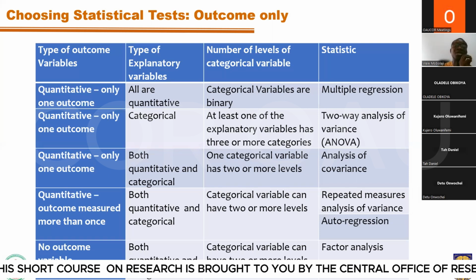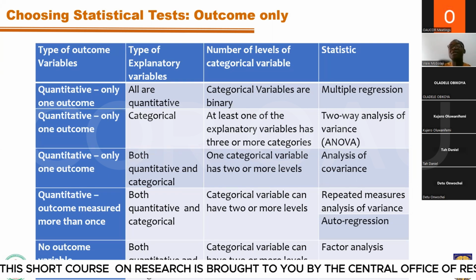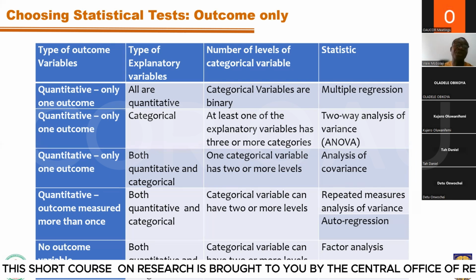Remember, your outcome variable is quantitative, and you have several explanatory variables. Some of them are quantitative, some of them are categorical, either binary or non-binary. You use multiple linear regression. If some of your categorical variables are not binary, you turn them to dummy variables, turn them to binary. Then you could use multiple linear regression.